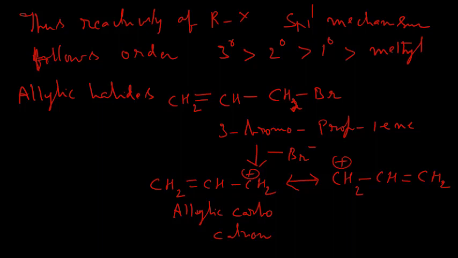So the allylic carbocation is resonance stabilized, whereas in the tertiary, secondary and primary carbocations we discussed previously there are no resonance structures. There the positive charge is only compensated by the electron releasing alkyl groups, whereas here the positive charge is distributed over two different carbon atoms in resonance structures. Therefore, allylic carbocation is more stabilized when compared to a normal carbocation. Thus, allylic halides undergo SN1 mechanism faster when compared to alkyl halides.